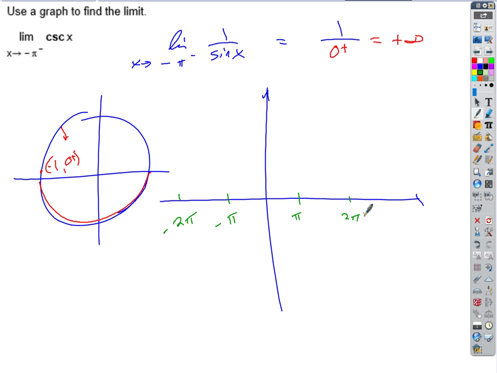Where is sine equal to 1? Pi over 2. Okay, so at pi over 2, it's going to equal 1, right? At 0, we're going to be dividing by 0, right? Sine of 0 is 0, sine of pi is 0. So we know we're getting asymptotes like that.